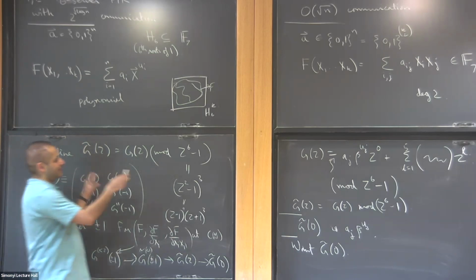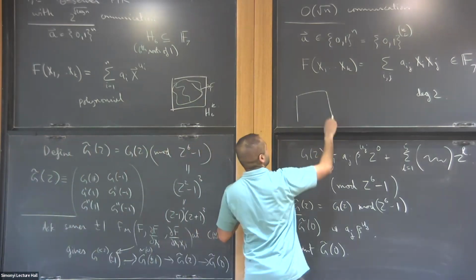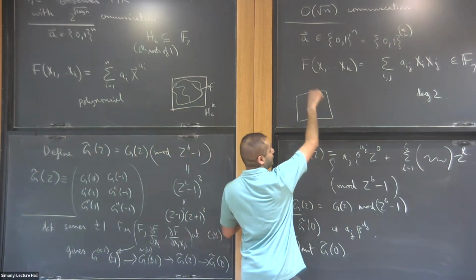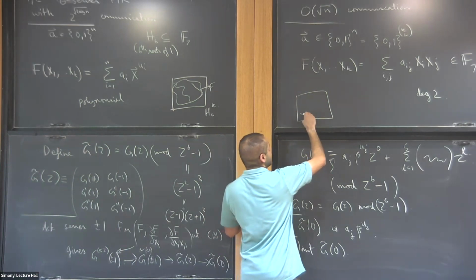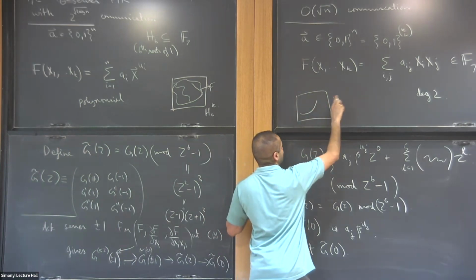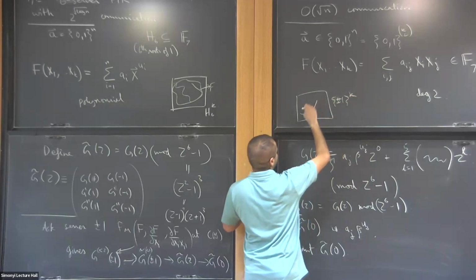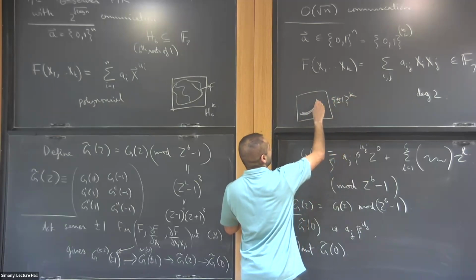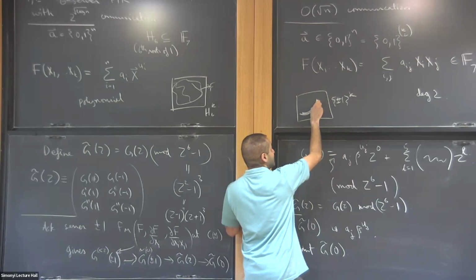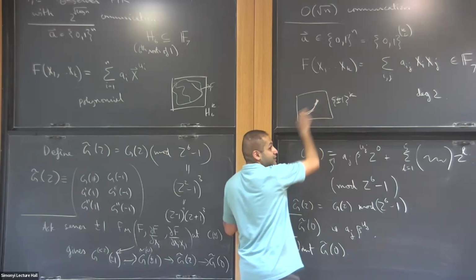So we have the multivariate space, and F is defined on the whole thing. And there's a curve, plus minus 1 to the K, that goes like this. What I really care about is the value of F at this point, the derivative as you move in this direction, and the second derivative as you move in this direction.